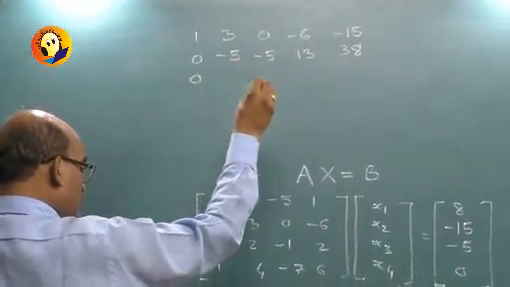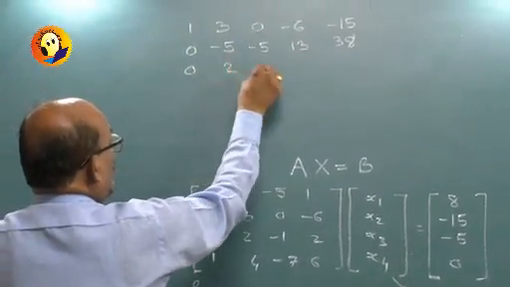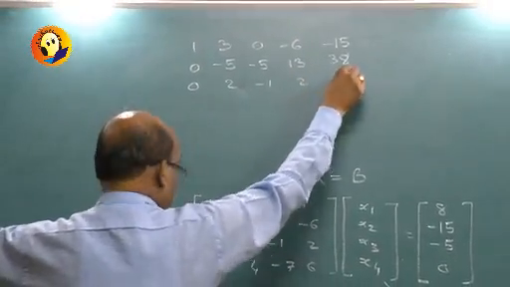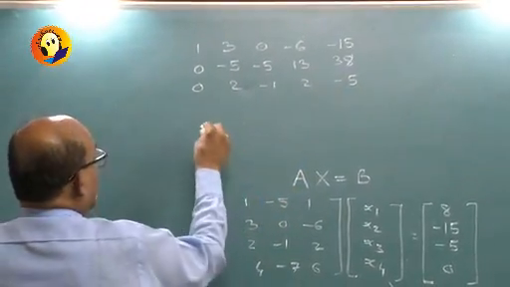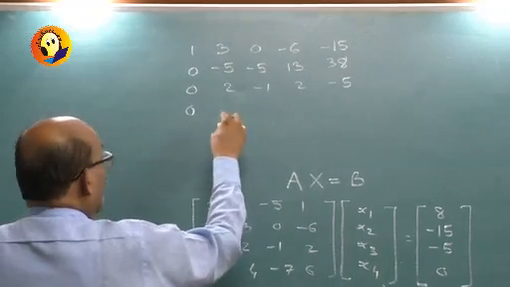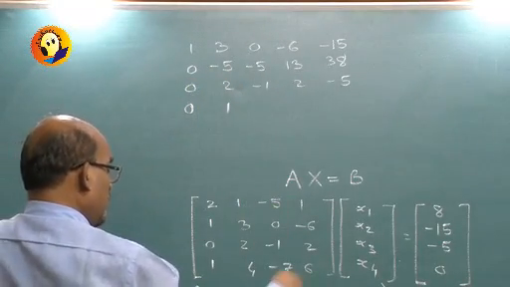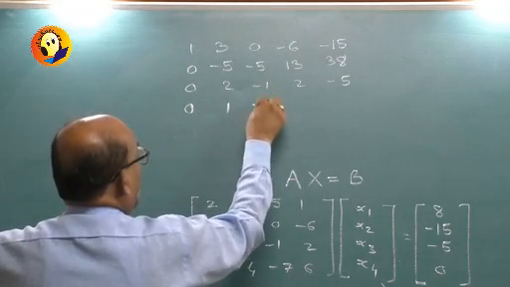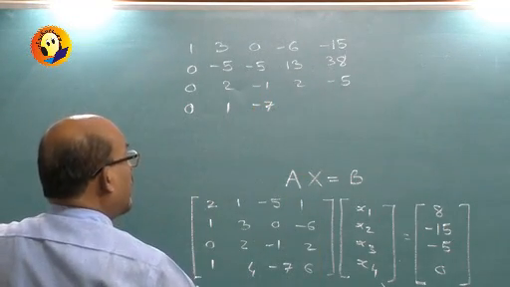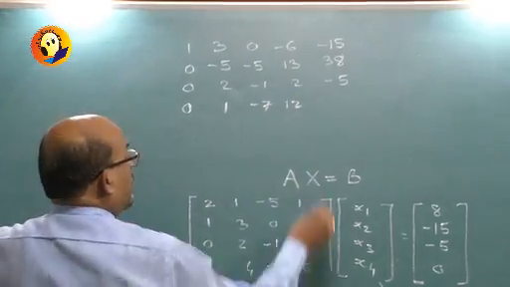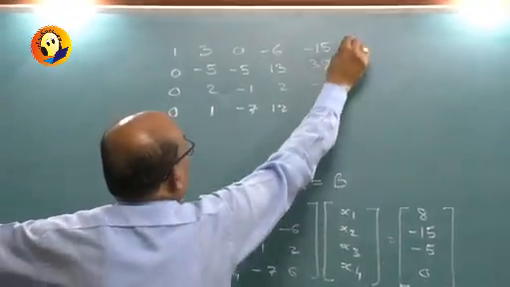This row remains 0, 2 minus 1, 2 minus 5, and the last row it is subtraction, so it is 0, it is 1, and then it will be minus 7. When you subtract, it was 6 plus 6, 12, and when you subtract, it will be 15.